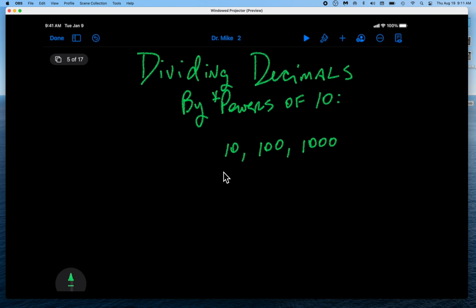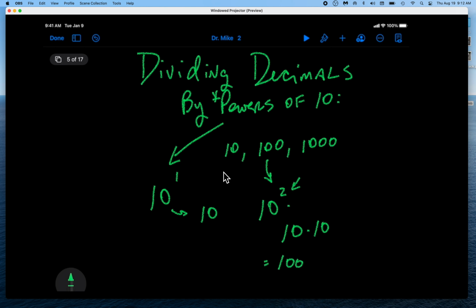For example, if you have 10 to the first power, that means you have 10 all by its lonesome. If you have 10 to the second power, that would be 10 times itself listed twice. And we know that 10 times 10 equals 100. Here, we would have 10 to the third power.